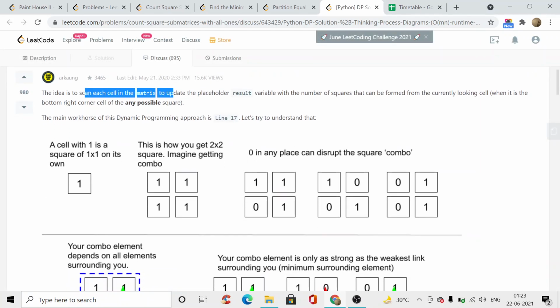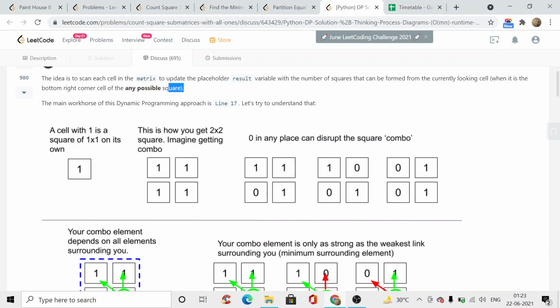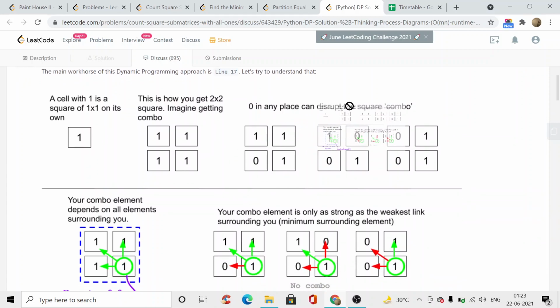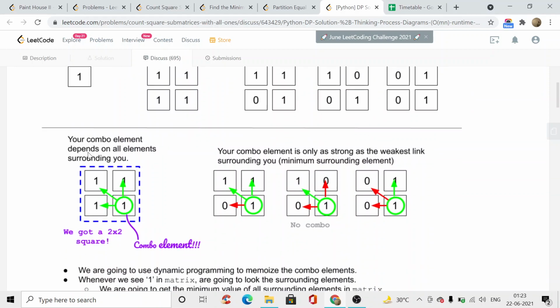The idea is to scan each cell and update the placeholder result variable with the number of squares that can be formed from the currently looking cell when it is the bottom right corner of the possible approaches. Line 17. Let's try to understand. Any 0 in any place can disrupt the square combo. Your combo elements depend on all the elements surrounding you.